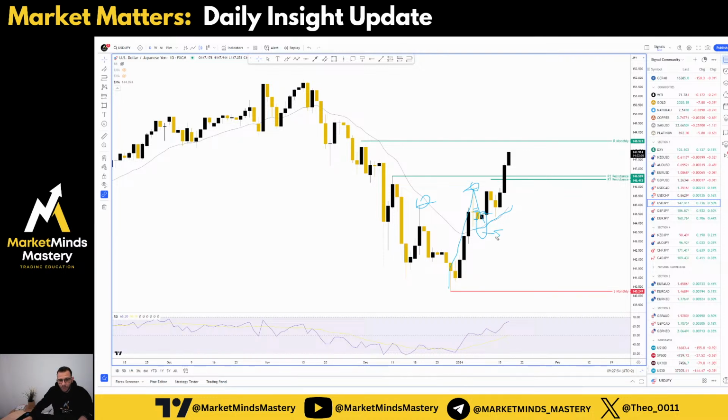Entry here, stop loss there, exit there, 2:1 or 3:1, it was somewhere there. Then another directional move. At this point, price on a very light volume compared to this one here, and it made a new swing low, a confirmed swing low, and it's still moving upwards.